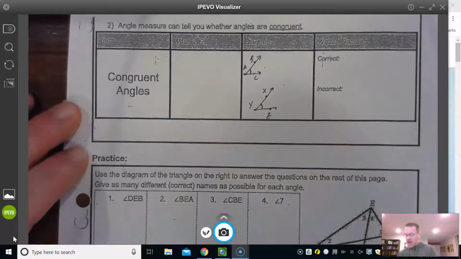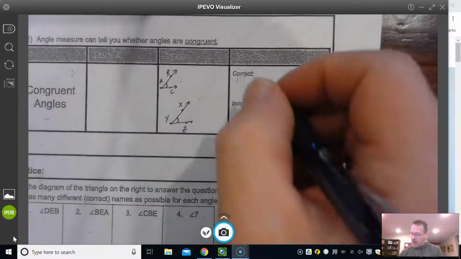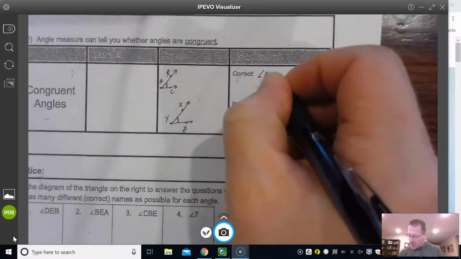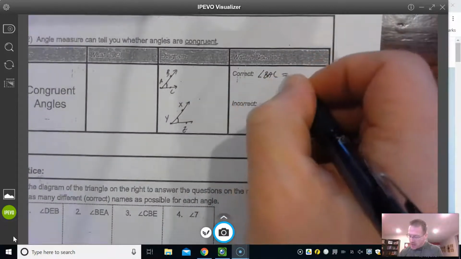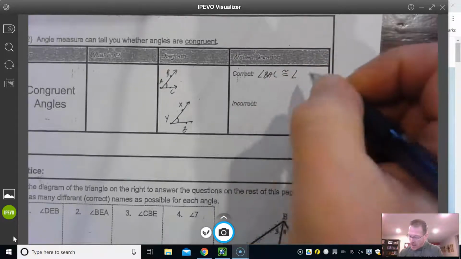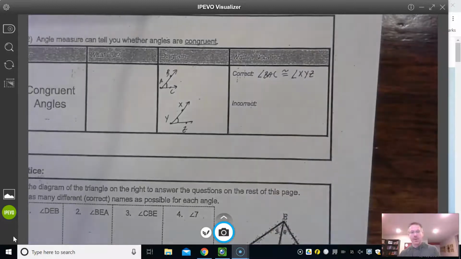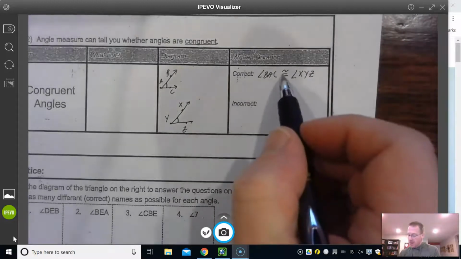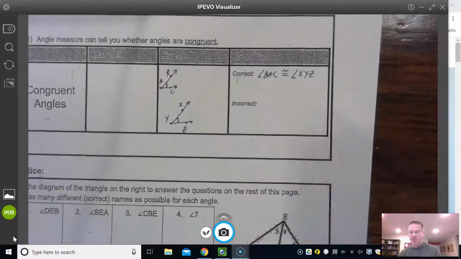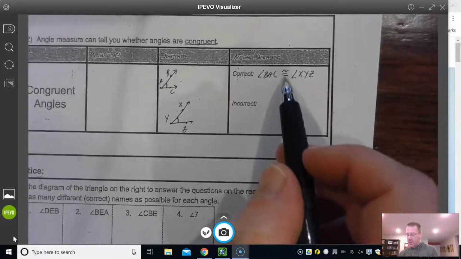Now what we want to do is write notation to show that. So I would say that angle BAC is congruent to angle XYZ. This equal sign with the little squiggly mark over it is our symbol for congruency. When we say that two angles are congruent, we use that symbol.